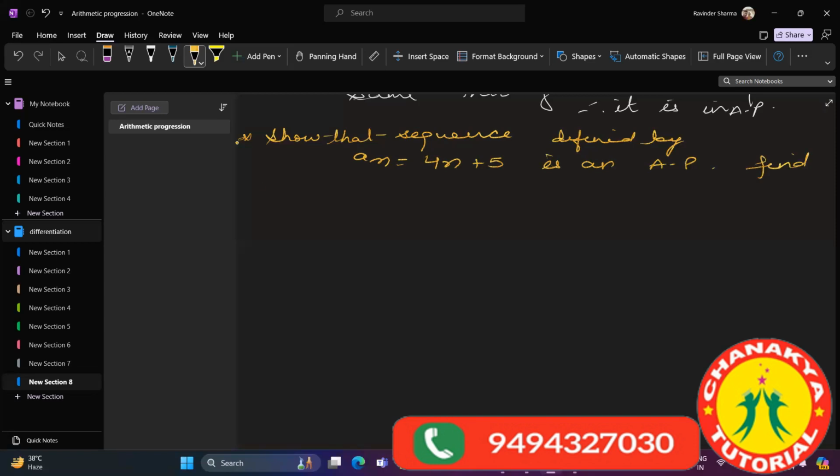Find its common difference. So any idea, children? We have to show that the given sequence is an AP.